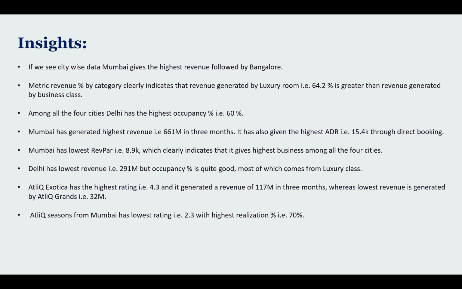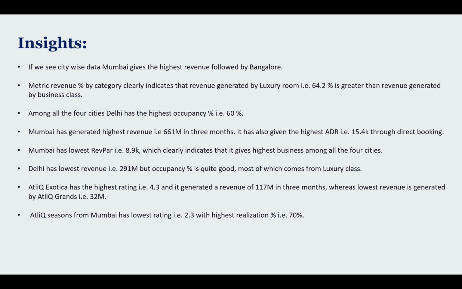The metric revenue percent by category clearly indicates that the revenue generated by the luxury room, that is 64.2%, is greater than the revenue generated by the business class. Among all four cities has a higher occupancy percent, that is 60%. Mumbai has generated the highest revenue, that is 661 million in 3 months.